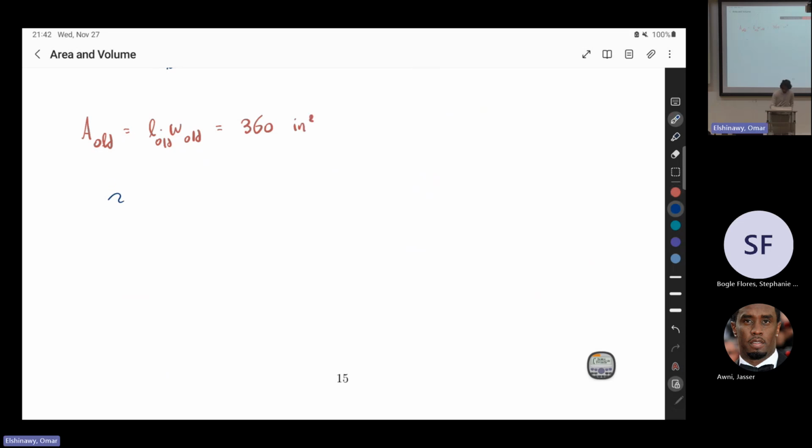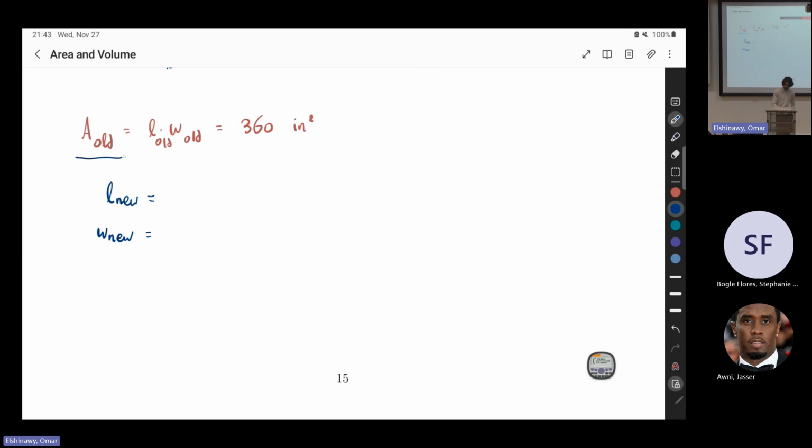Now let's look at L new. What is it equal to, and what is W new equal to? I'm talking about lengths and widths. 360 plus 20% of 360.